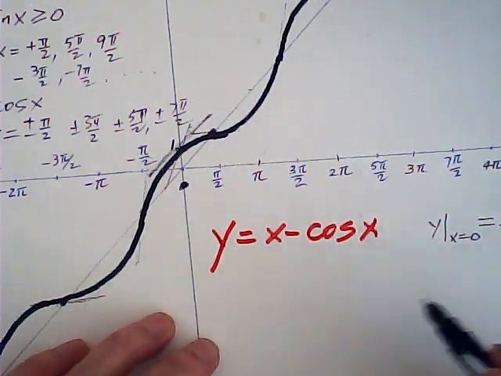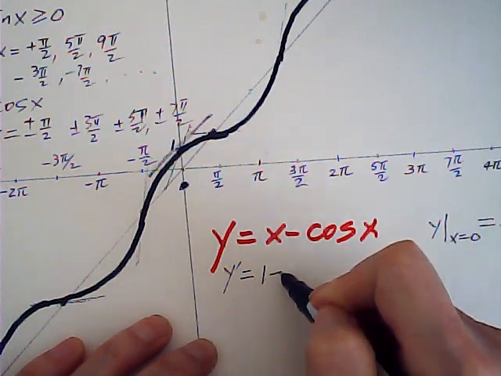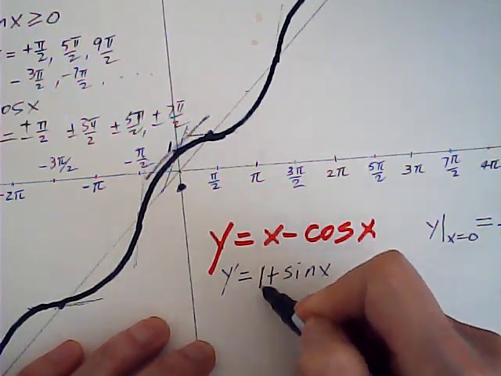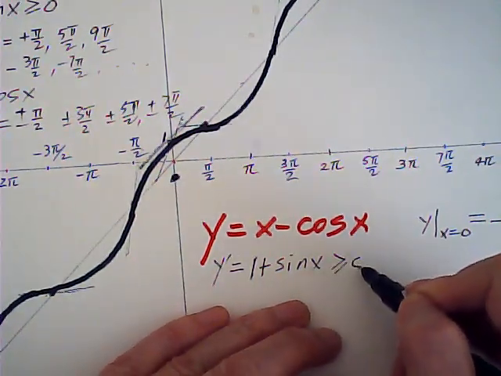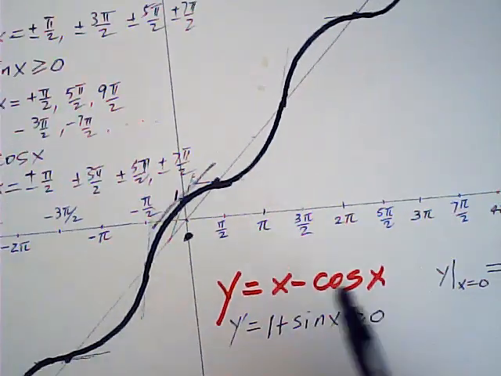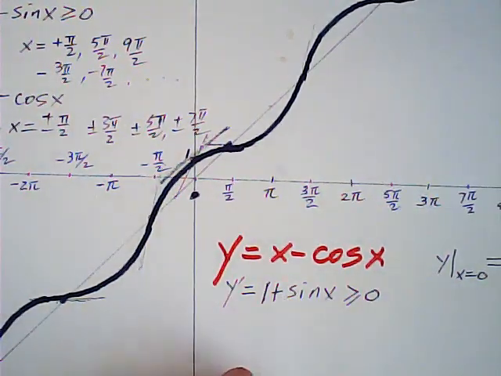And the first derivative is equal to 1 plus sine x. Right? So definitely this is non-negative. Therefore, this curve is not decreasing. It's not a decreasing curve.